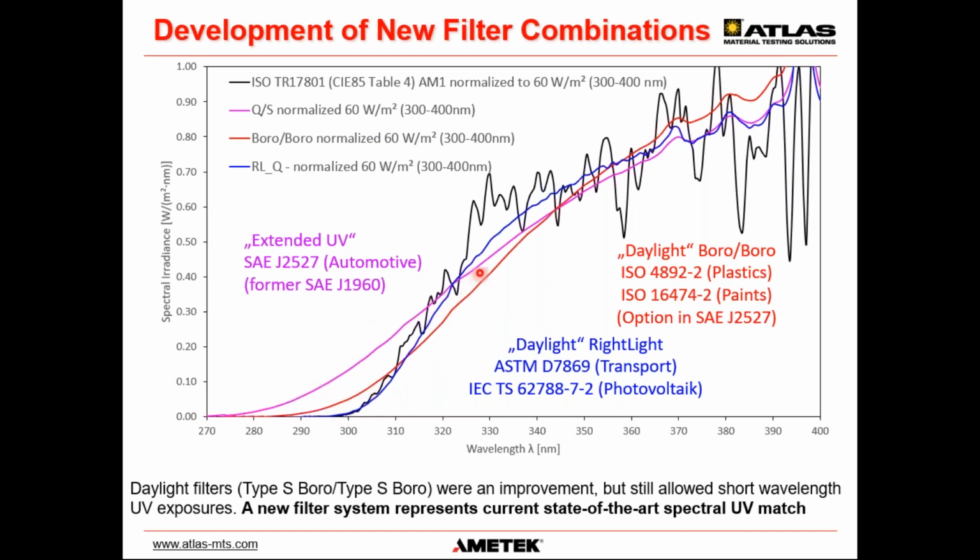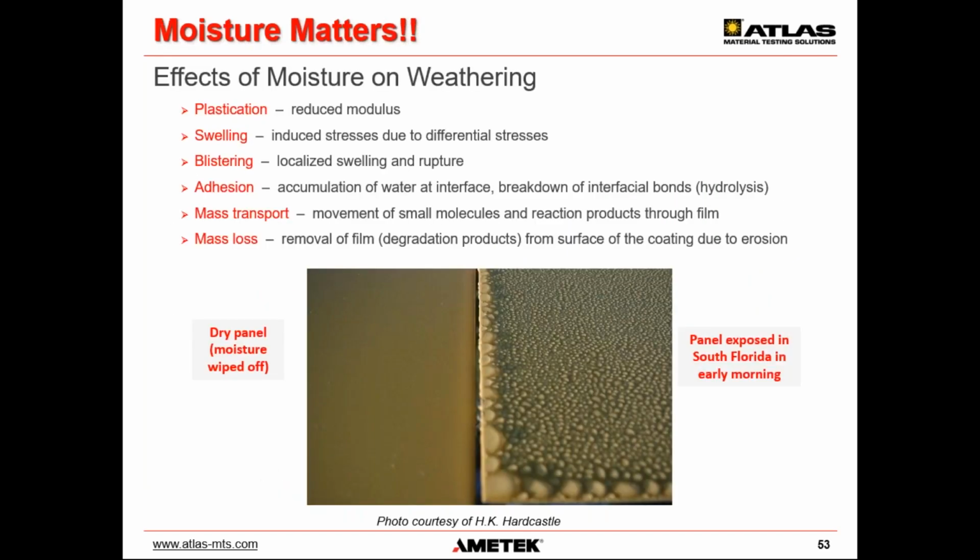But if you look at the right light, it falls almost right on top of natural daylight in the important solar cut-on region. So the daylight filters, the type Boro, were an improvement, but still allowed short wavelength UV exposures. So the new filter system represents the state-of-the-art spectral UV match.